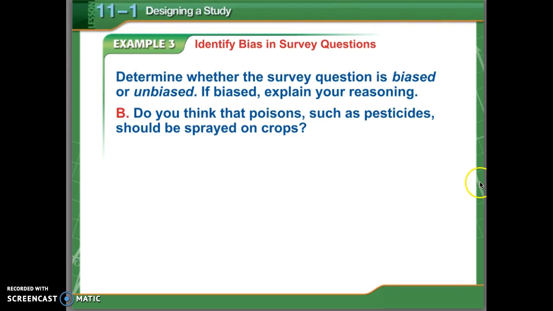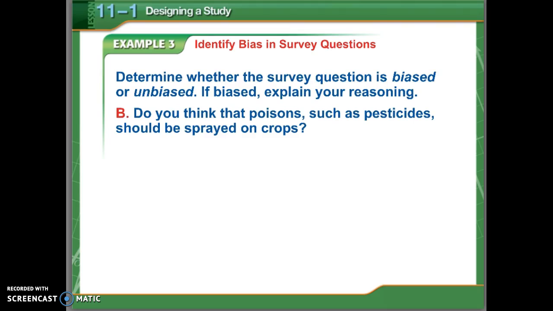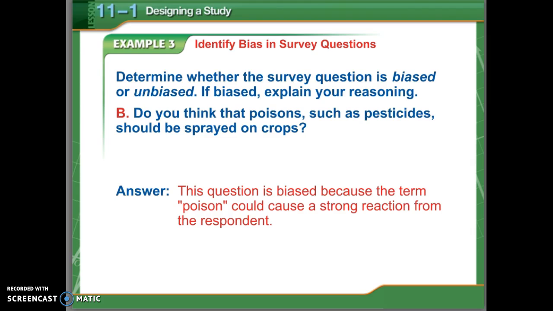Part B. The question is, do you think that poisons such as pesticides should be sprayed on crops? So this question is biased. The reasoning being the wording that they choose to use here.